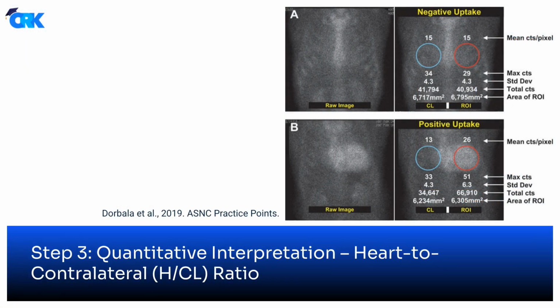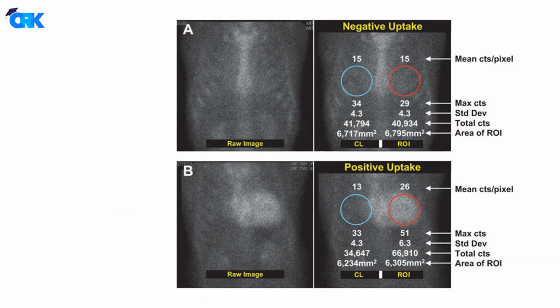Step 3, quantitative interpretation, heart-to-contralateral or HCL ratio. When visual grading results are equivocal, particularly in cases that fall into grade 1 on the Perugini scale, a quantitative approach can significantly improve diagnostic clarity. This is where the heart-to-contralateral lung, or HCL ratio, becomes a vital adjunct in evaluating planar bone scintigraphy.